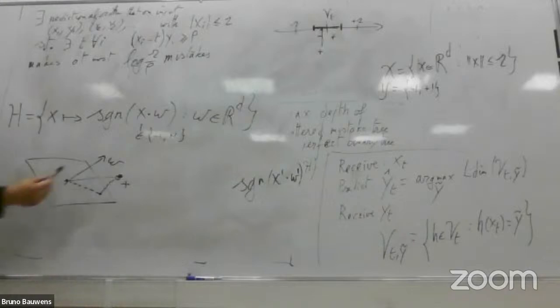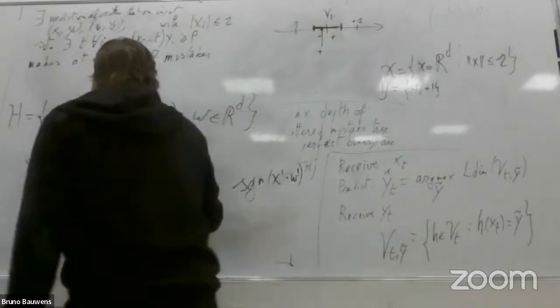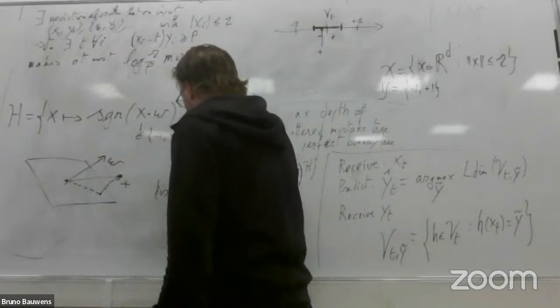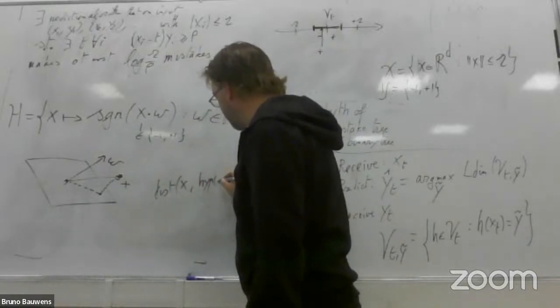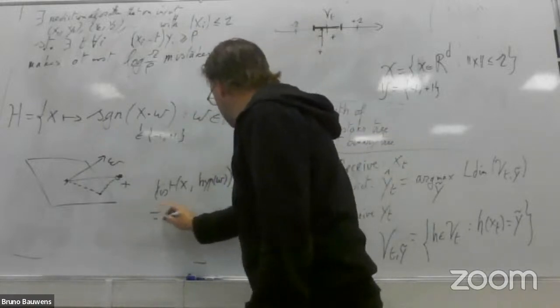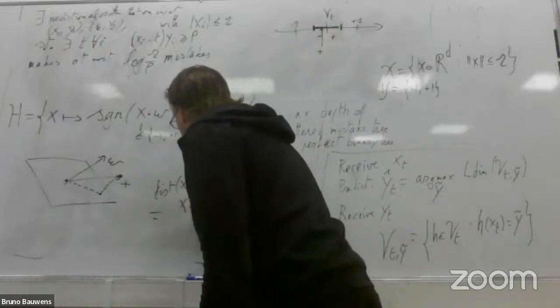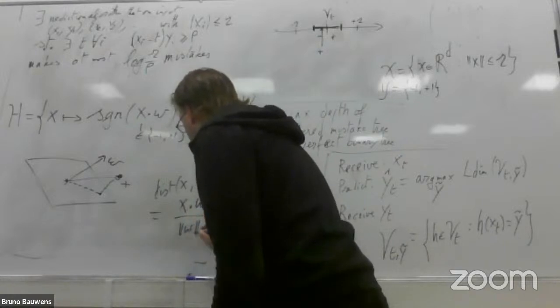For this, we just project x onto the normal vector. So the distance of vector x and the hyperplane of w is equal to x times w divided by the norm of w.